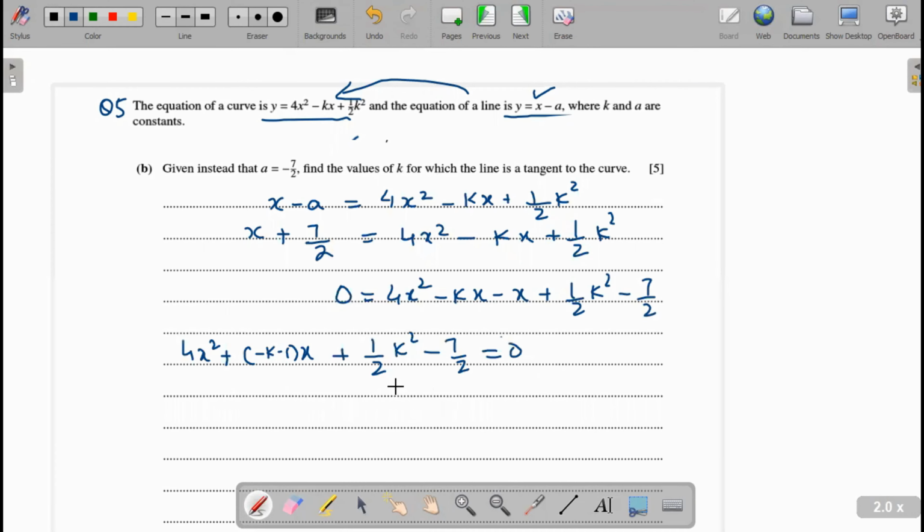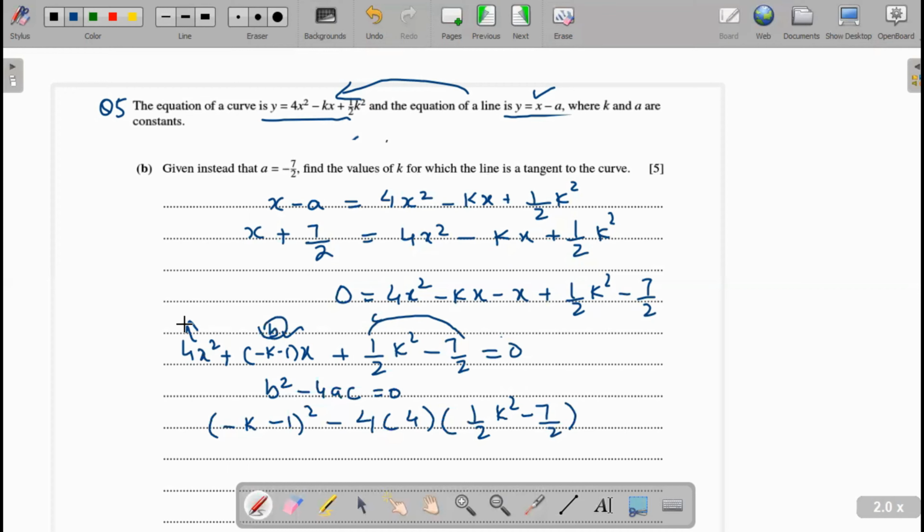Therefore, the discriminant of this equation, b square minus 4ac, will be 0. Here b is the coefficient of x, so minus k minus 1 whole square, minus 4 times a, which is 4, times c, which is 1 over 2 k square minus 7 over 2. That is equal to 0, and we solve this.